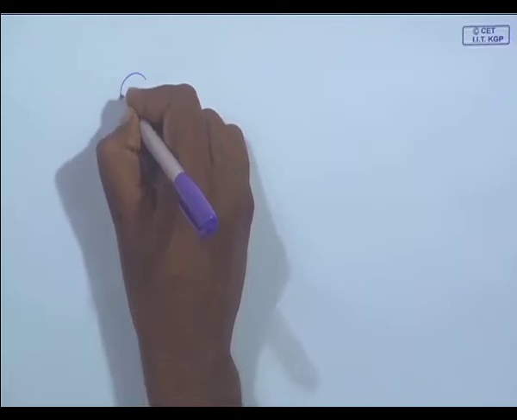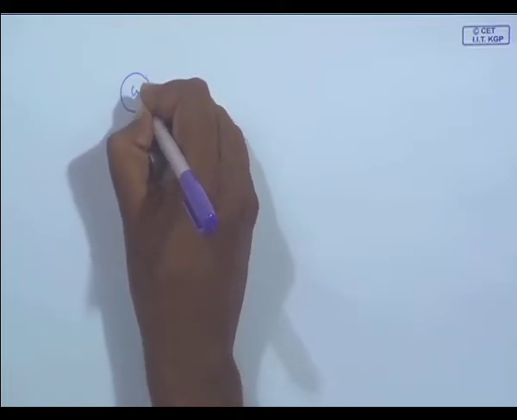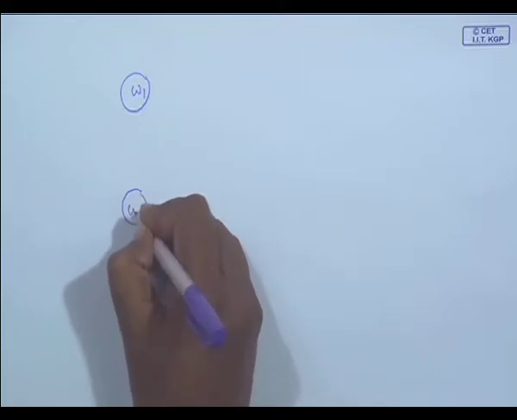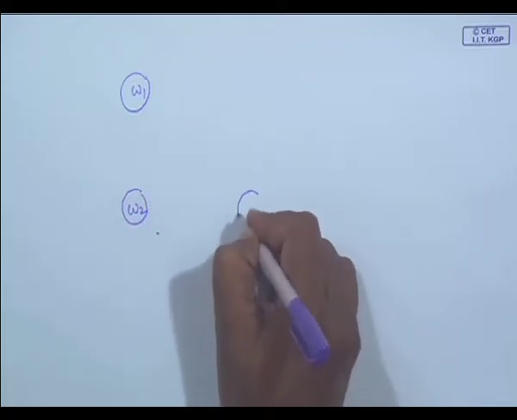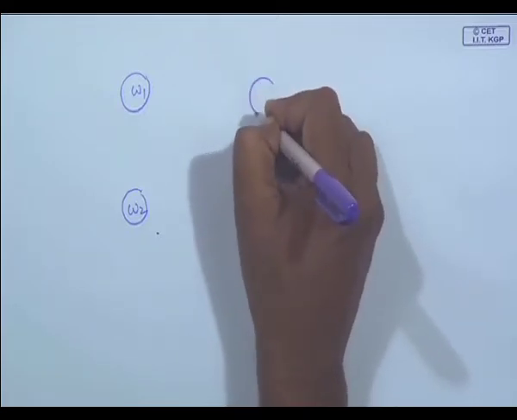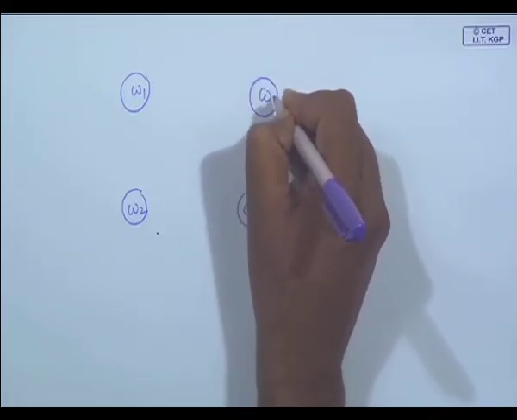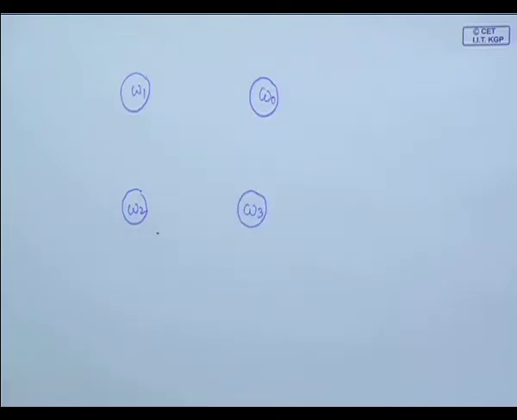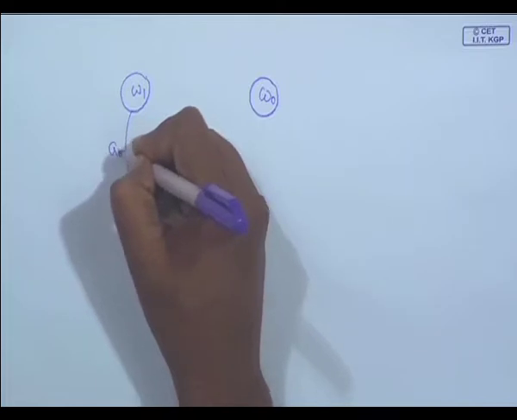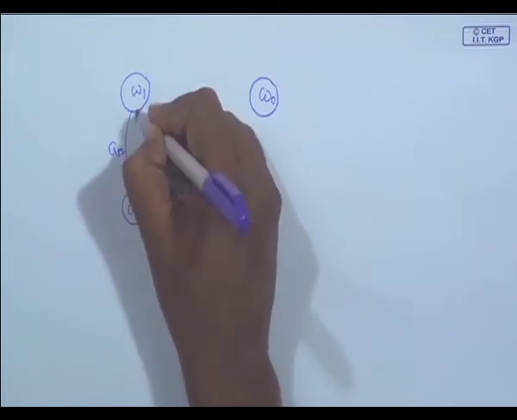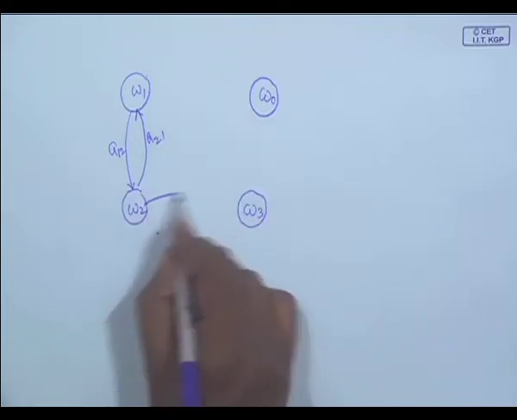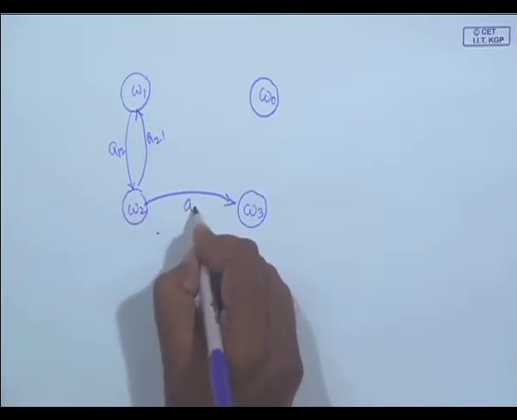So, I have omega 1, omega 2, omega 3, and this is the accepting state, which is omega 0. From omega 1 to omega 2 I have transition A12, and omega 2 to omega 1 it is A21. Similarly, all these different transitions.